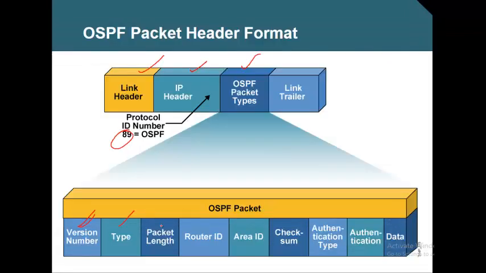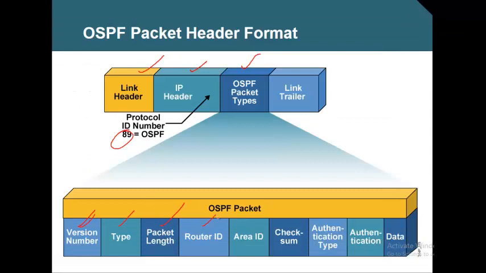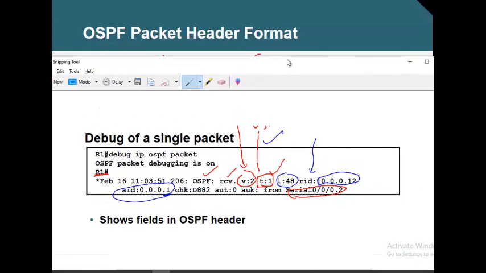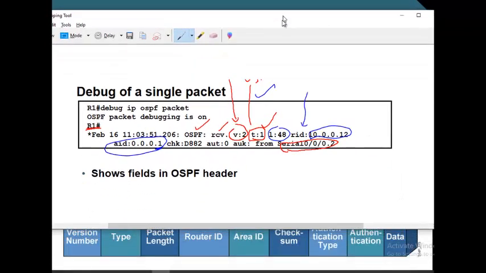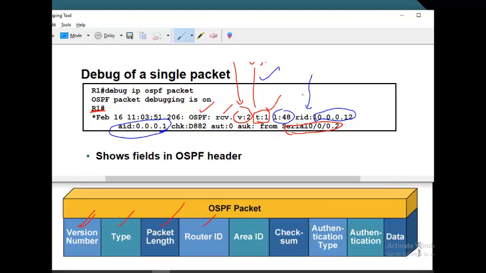And then the length of the packet, packet's length. Packet's length is 48 bit. And then the router ID. Router ID is again 32 bit.